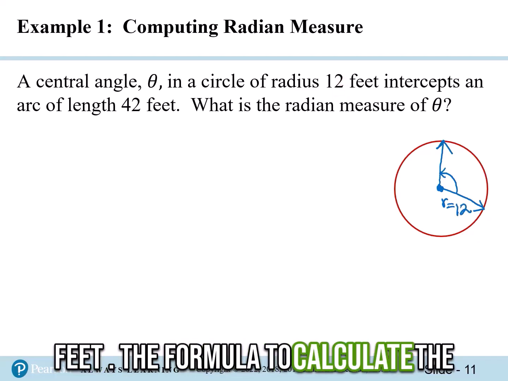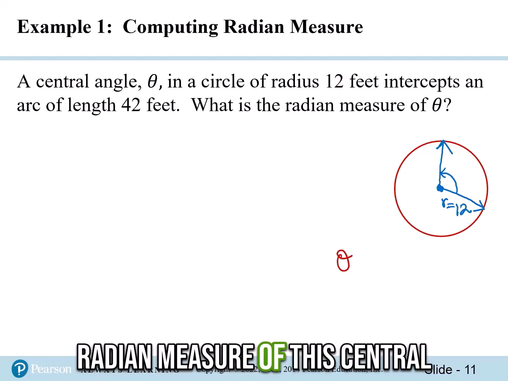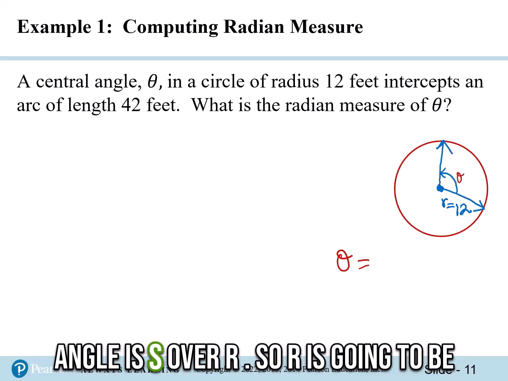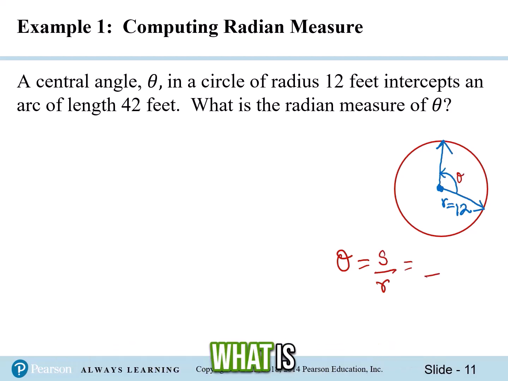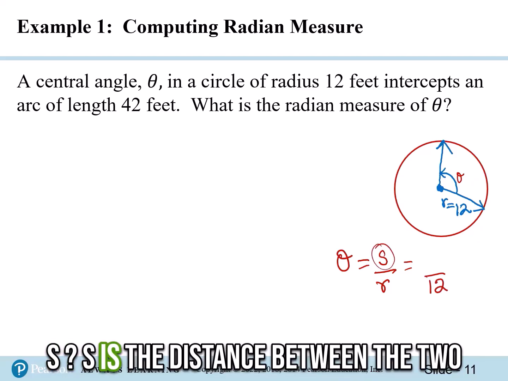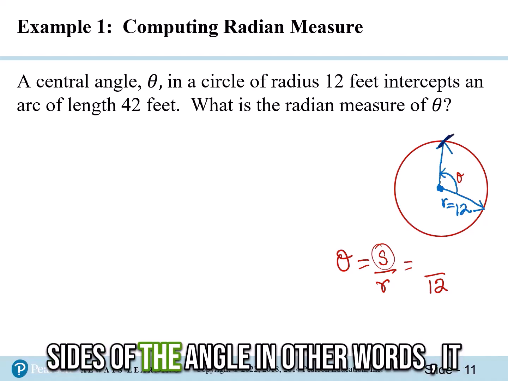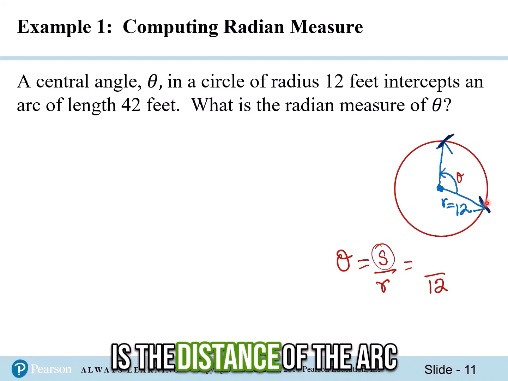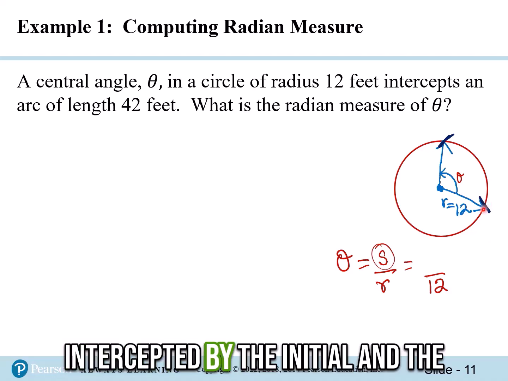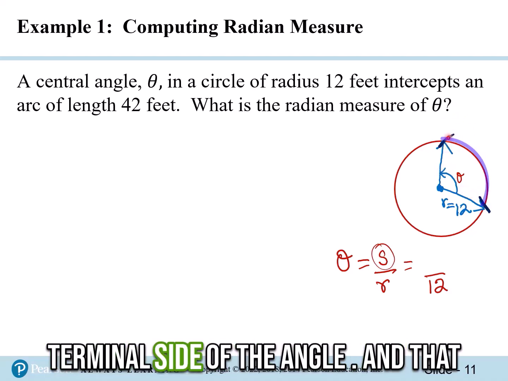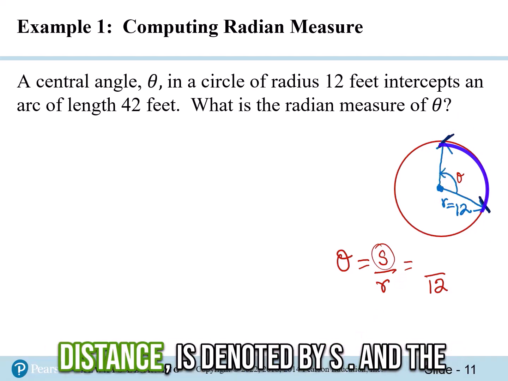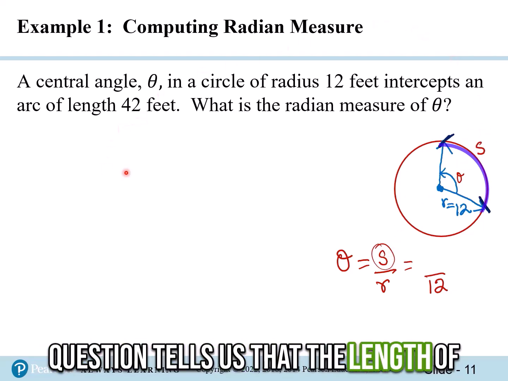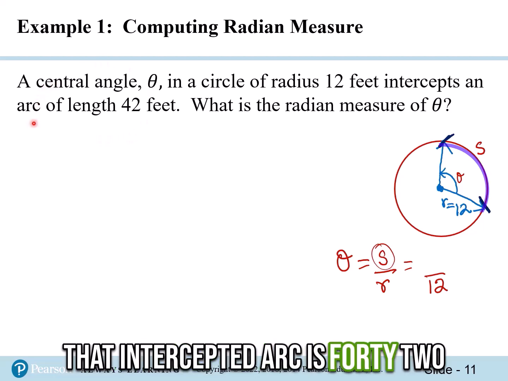The formula to calculate the radian measure of this central angle is S over R. So R is going to be 12 feet, we know that, but what is S? S is the distance between the two sides of the angle. In other words, it is the distance of the arc intercepted by the initial and the terminal side of the angle, and that distance is denoted by S. And the question tells us that the length of that intercepted arc is 42 feet.